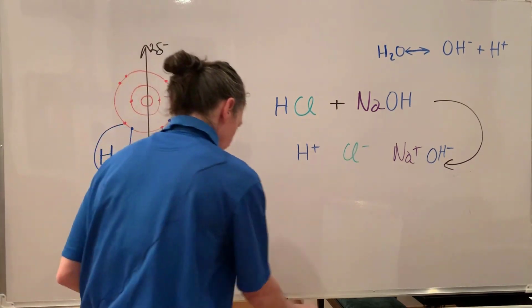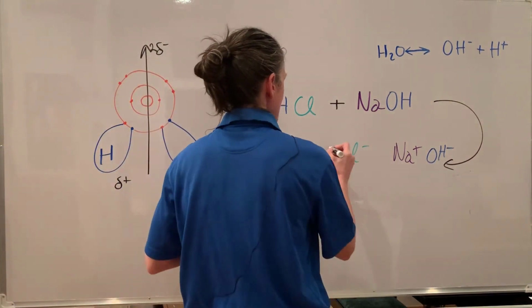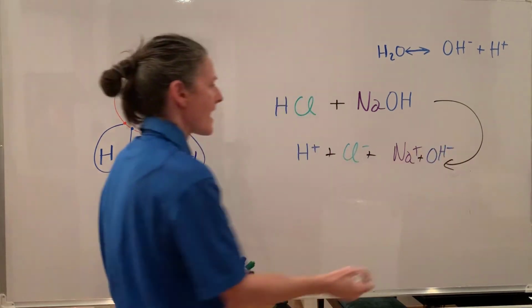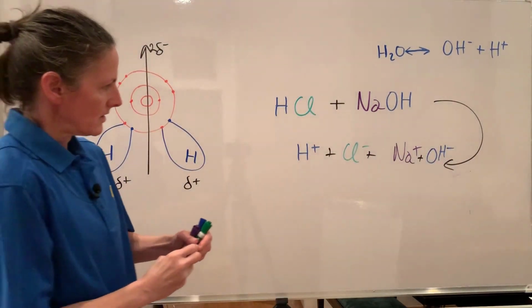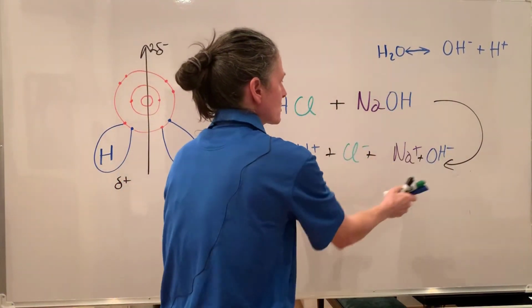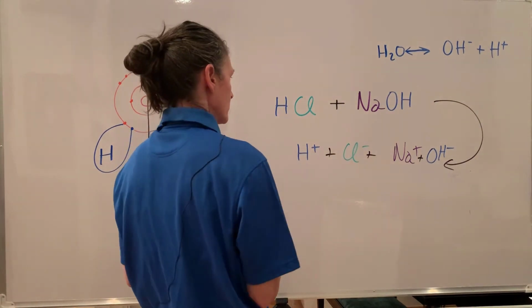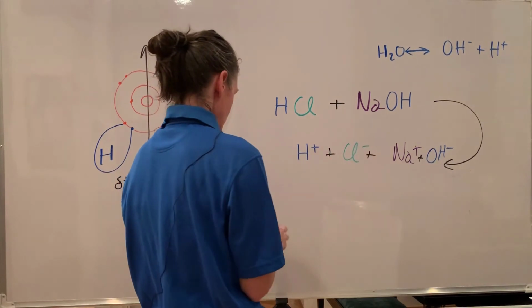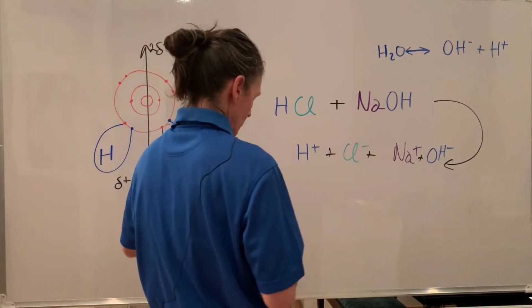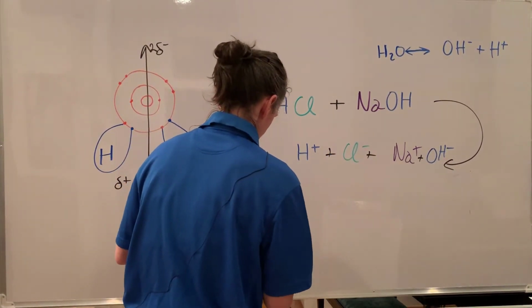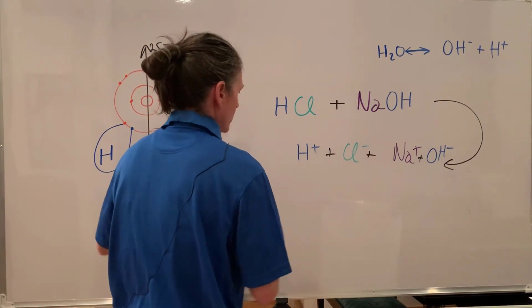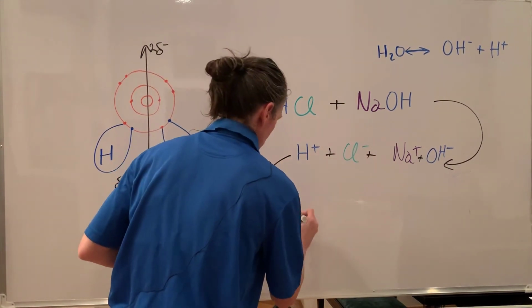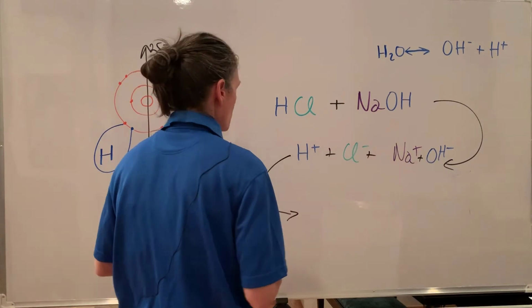Because if you look carefully, you will probably see that we have a great possibility for an exchange reaction. And so we would take the hydrogen and the hydroxide, and guess what? Let me just draw an arrow around this way. They would recombine to form water.